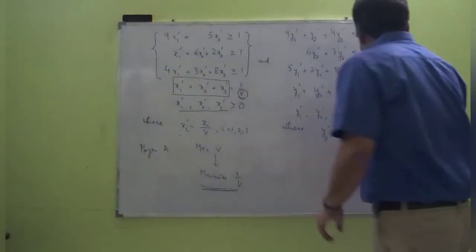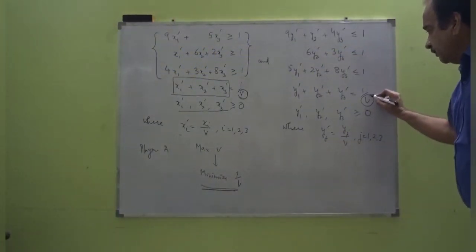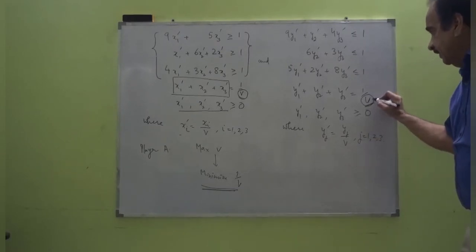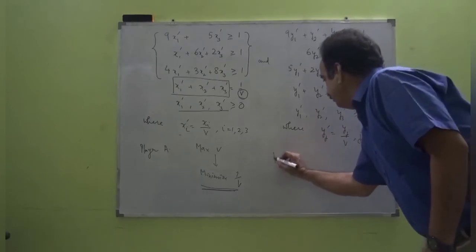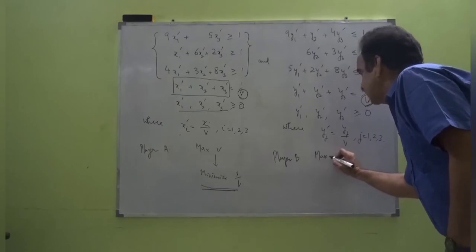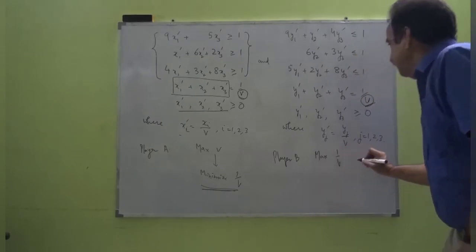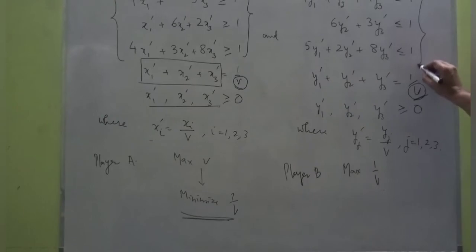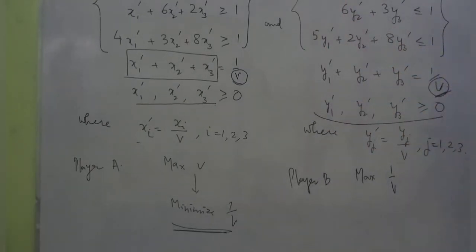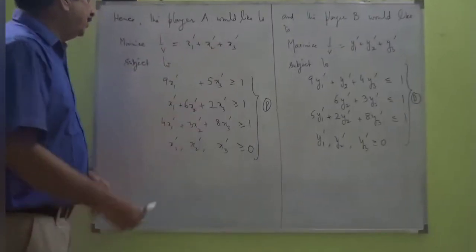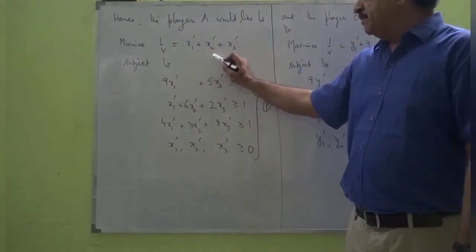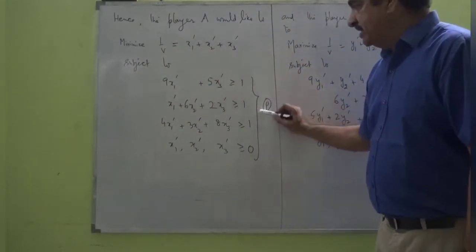Likewise, player B would like to minimize his payoff, that is, minimize the value of the game. Player B would like to maximize 1 by V subject to these constraints along with these non-negative restrictions. Hence player A would like to maximize V, which means minimize 1 by V equal to x1 dash plus x2 dash plus x3 dash, subject to these constraints.